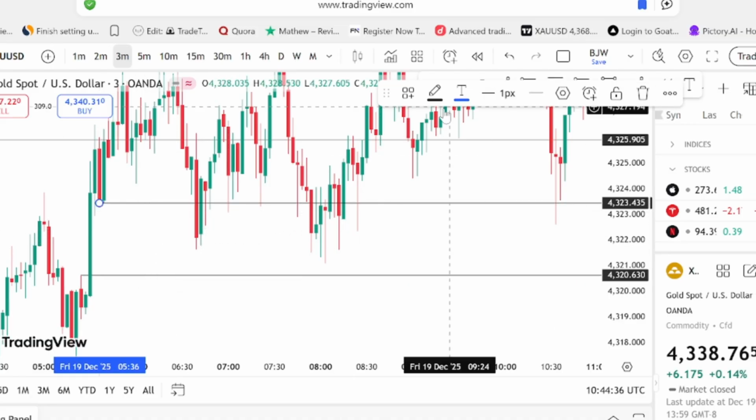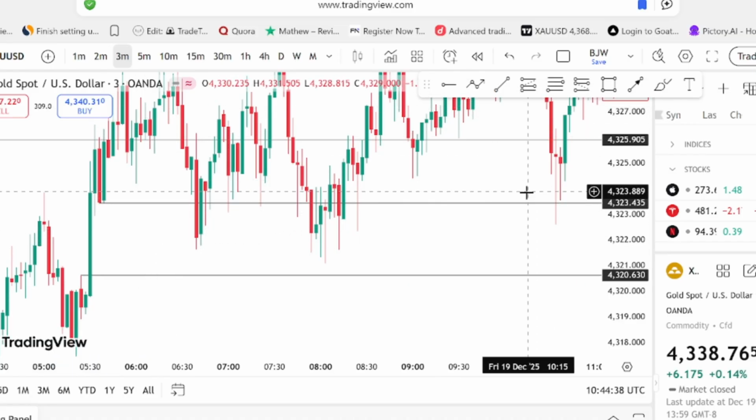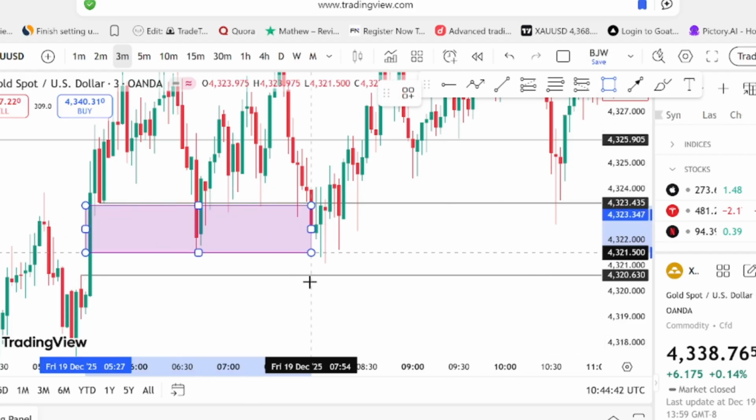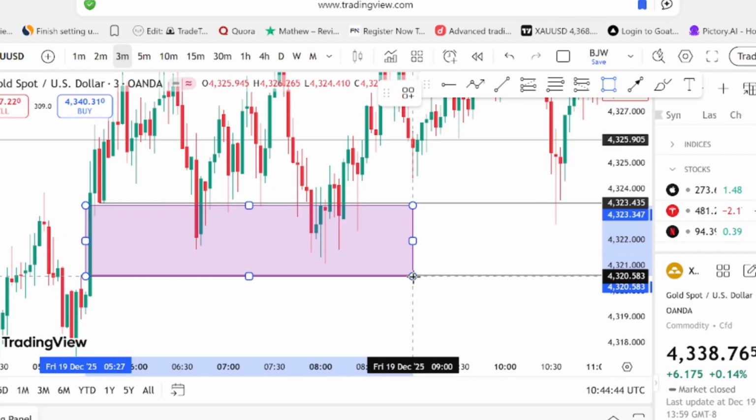So right here, from here to here is an FVG. Now what did I say? Price always comes to take out every FVG. It's either it takes out 50% of the FVG or it takes all of it.